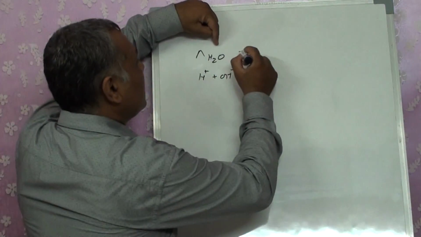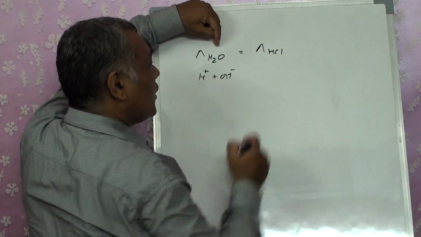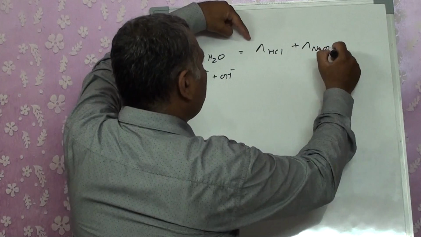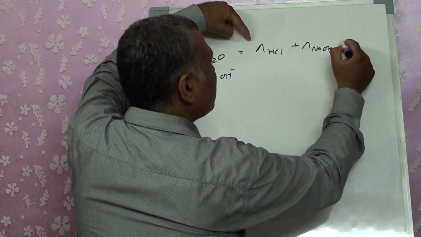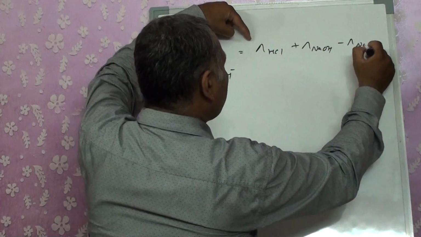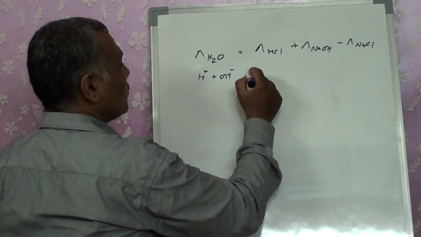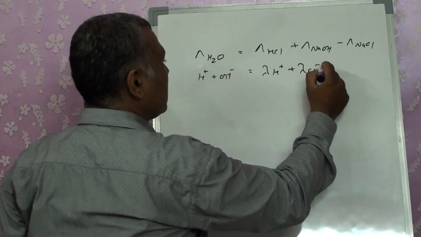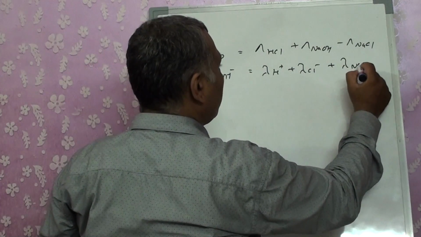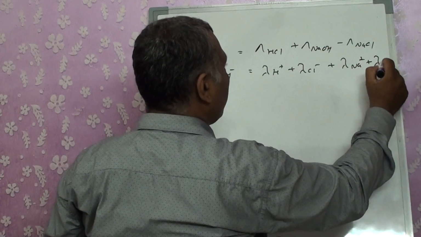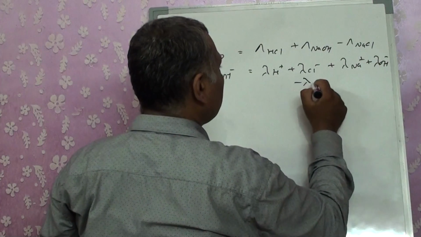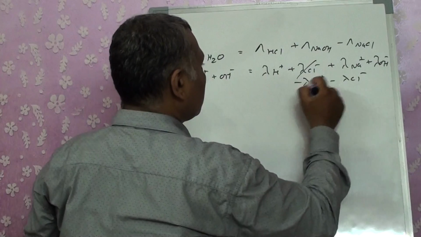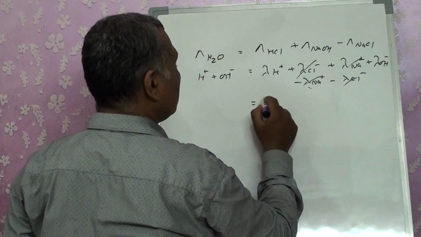So can I say that HCl is a strong electrolyte, NaOH is a strong electrolyte, and additionally I used NaCl, which is also a strong electrolyte. So we will get H plus Cl minus, Na plus OH minus, minus Na plus, minus Cl minus. So these terms are cancelled.